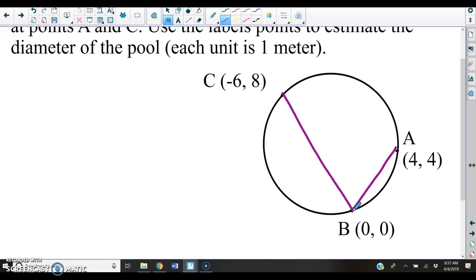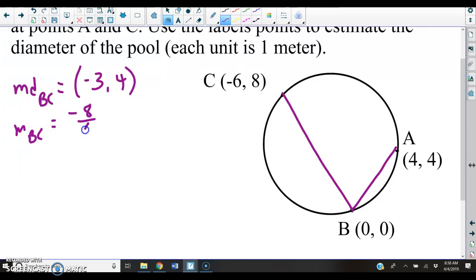Right? So the midpoint of BC would be negative 3, 4. The slope of BC would be down 8 over 6, or negative 4/3.